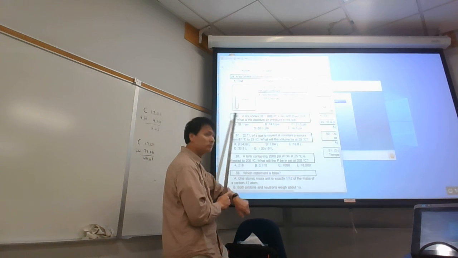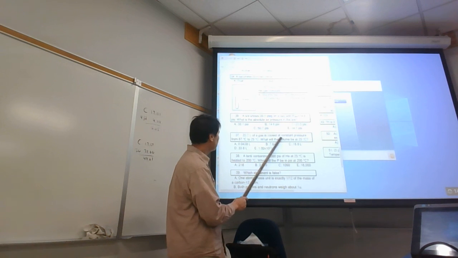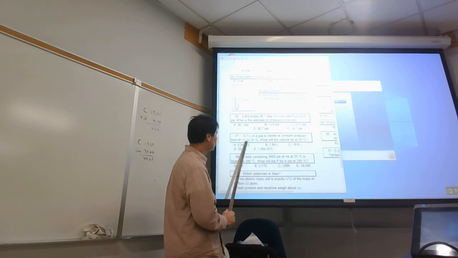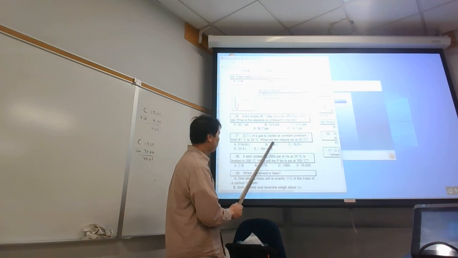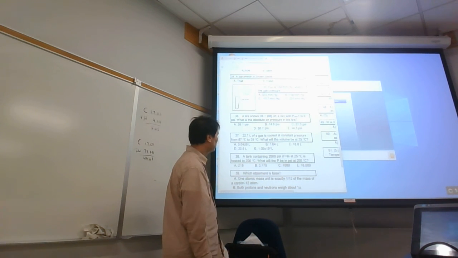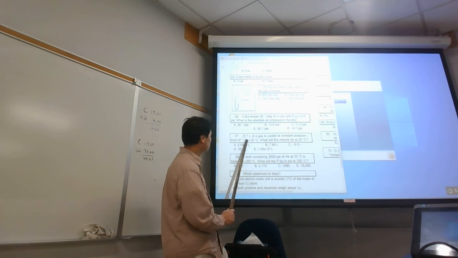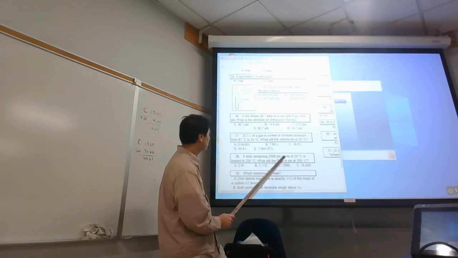37. 22.7 liters of a gas is cooled at constant pressure from 87 degrees C to 25 degrees C. What will the volume be at 25 degrees C? Well, is the volume going to be smaller or bigger? It's going to be smaller.